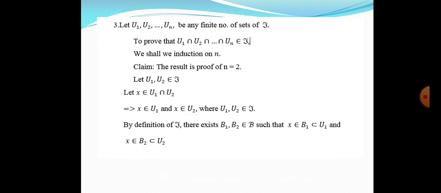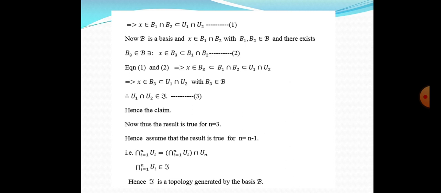Already we claimed the result is proved by the induction method. So here you take the intersection of two elements, u1 intersection u2, and it belongs to tau. Hence the claim. Now the result is true for n equal to 2. Next you have to prove it for n given n minus 1.